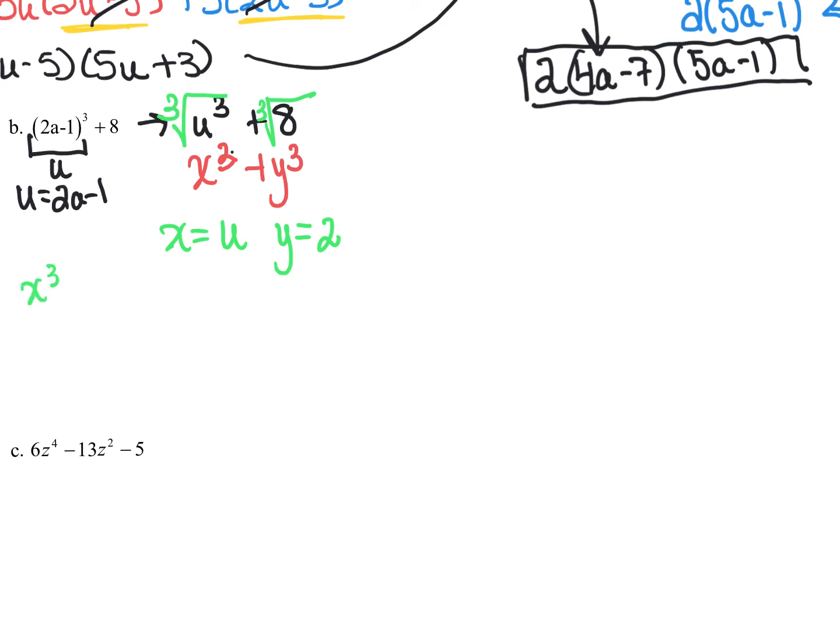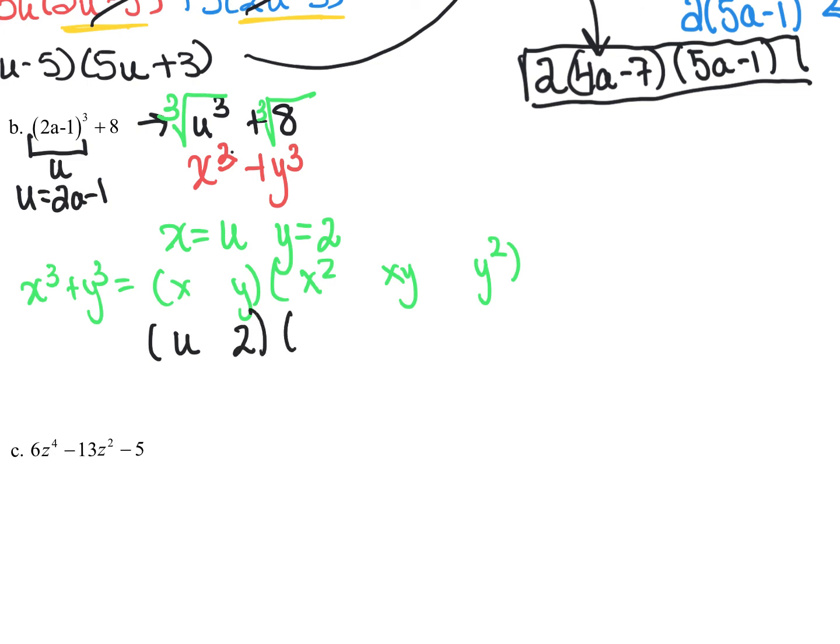We know that x cubed plus y cubed factors into (x plus y)(x squared minus xy plus y squared). So if I plug our stuff in, our x is called u, our y is called 2. U squared is u squared.